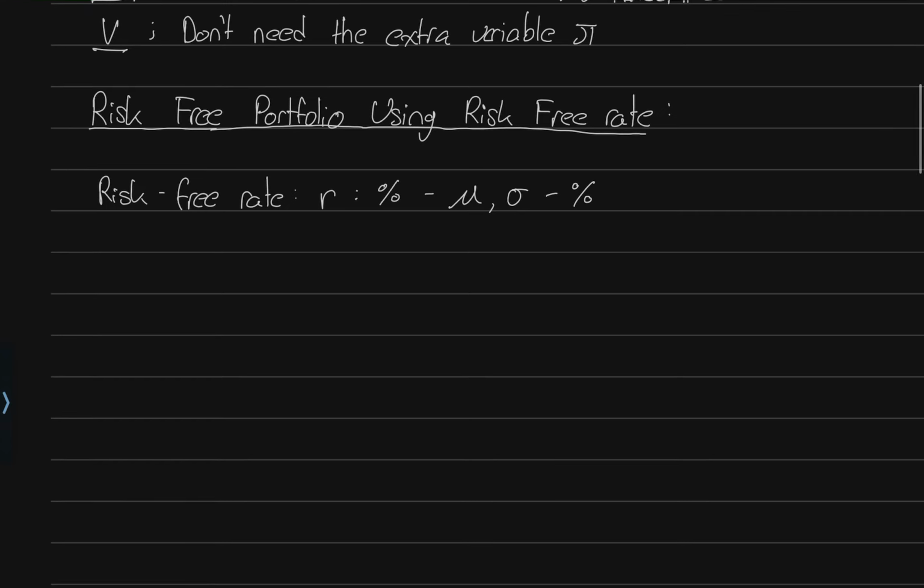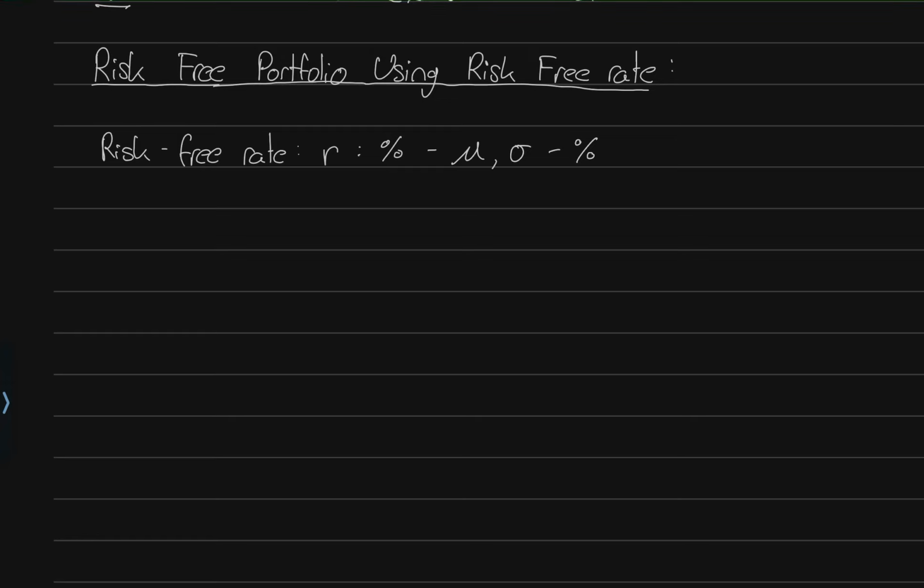So that being said, we can deduce that the change in our portfolio with respect to time is going to be our risk-free rate, and because it's in terms of a percentage, we'd have to multiply it with the value of our portfolio. This is in the same way for mean returns, we'd have to multiply it with our stock price, and for volatility, we'd also have to multiply it with our stock price. Same idea, because these are all represented as percentages.